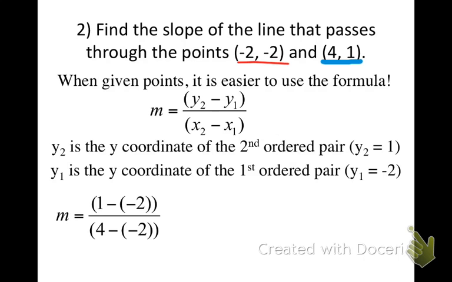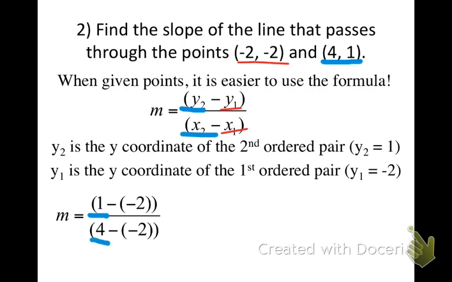If you'll notice in the formula, x1 and y1 are over top of each other, and x2 and y2 are over top of each other. So we want to make sure that's the case when we write down our formula. So let's find y2 and x2 because they should be vertical. Well, let's see, they were blue. 4 and 1. 4, 1. Yep, that works.